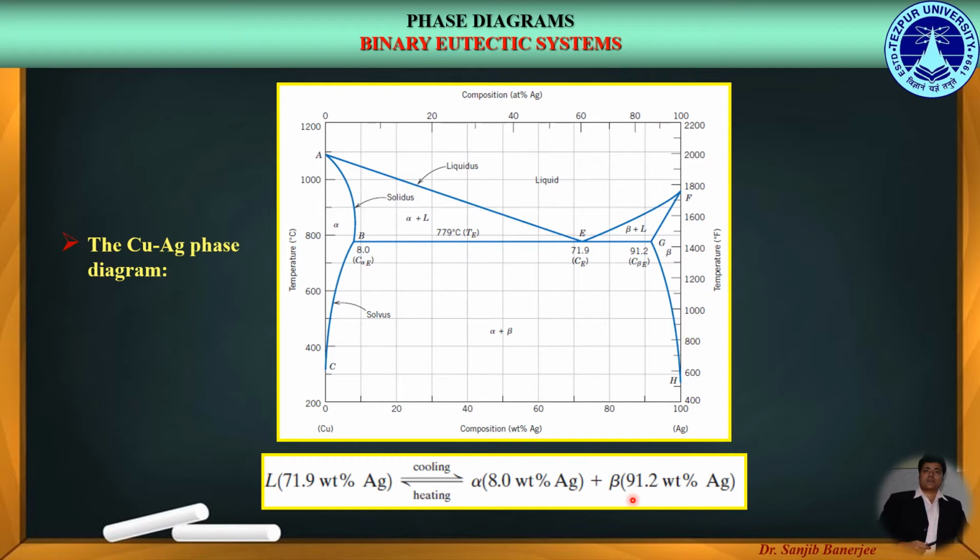For this reaction, from the lever rule, we can separately evaluate the compositions of the alpha and beta phases. Here we get the composition of the alpha phase as 8% of silver, which we can get from this intersection point, whereas the composition of the beta phase is 91.2% of silver, which we can calculate from this intersection point.